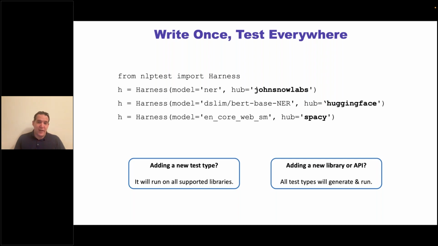The other thing is, if you're adding support for a new library, for example you can now test Cohere large language models, then as soon as you've added support for Cohere, all of the existing test types are immediately supported for Cohere. And of course, you can run all of your existing test suite on that library as well. This is the basic design of the library, to make sure there's complete separation between libraries and test types, so things can be reused very easily.